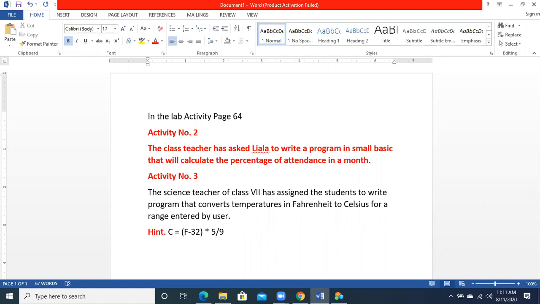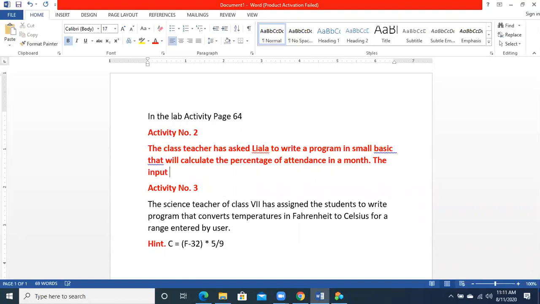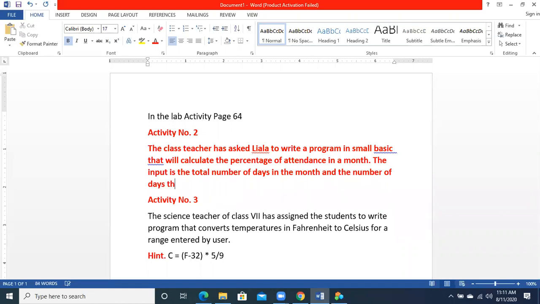The input to the program is the total number of days in the month, and the number of days that a student is present.